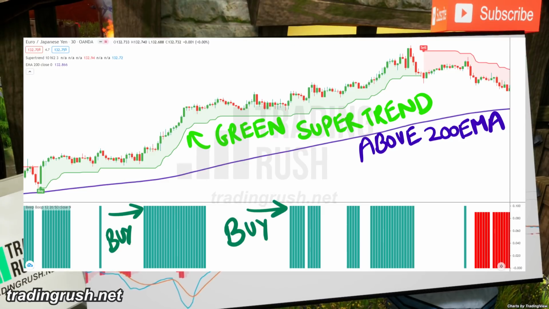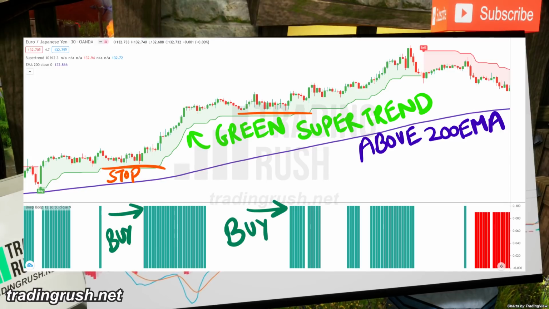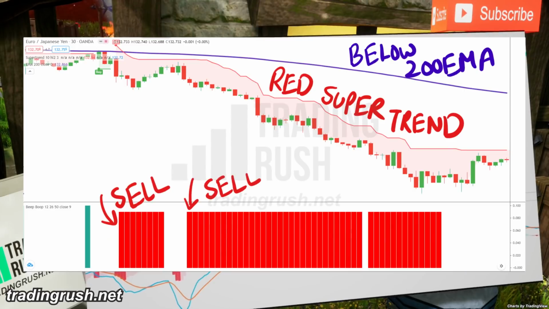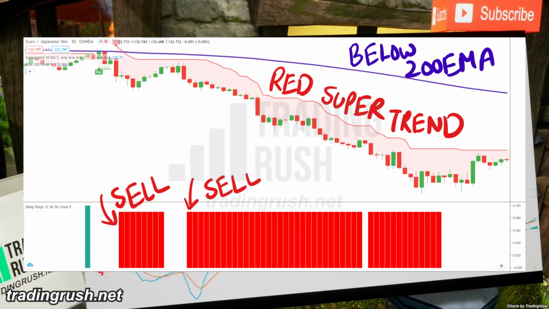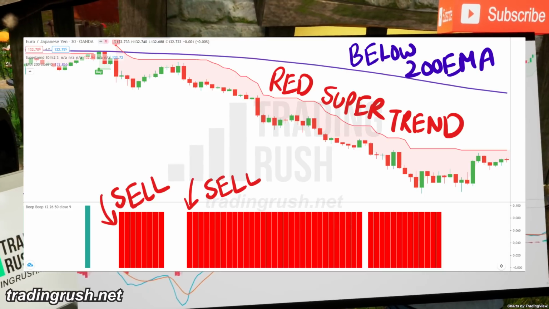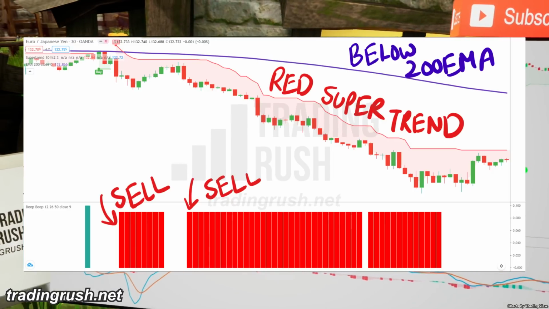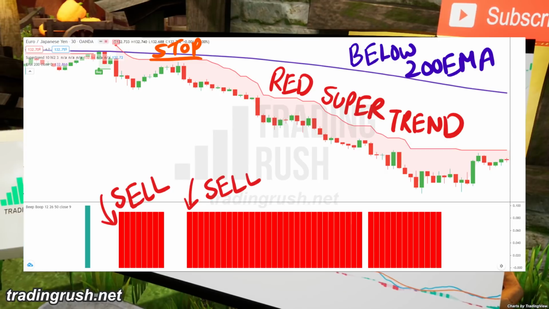Since we are using MACD to identify the pullbacks, the stop loss goes below the pullback in the uptrend. Similarly, when the Supertrend shows a downtrend, and the price is below the 200-period moving average, the sell signal is when the MACD line crosses below the signal line, or when the beep boop indicator turns red. The stop loss goes above the pullback in the downtrend.